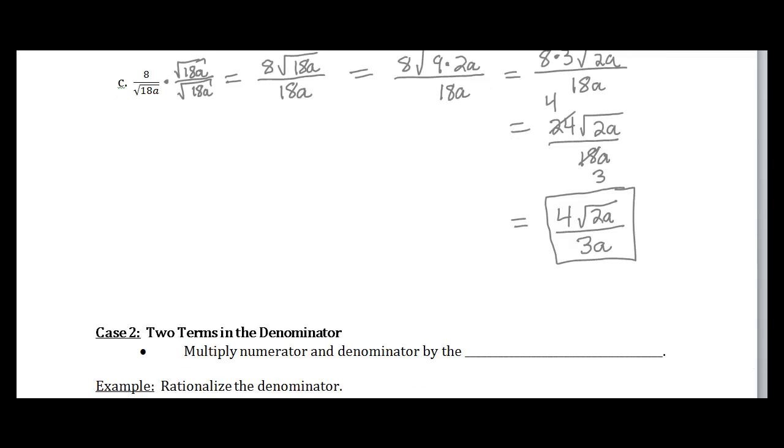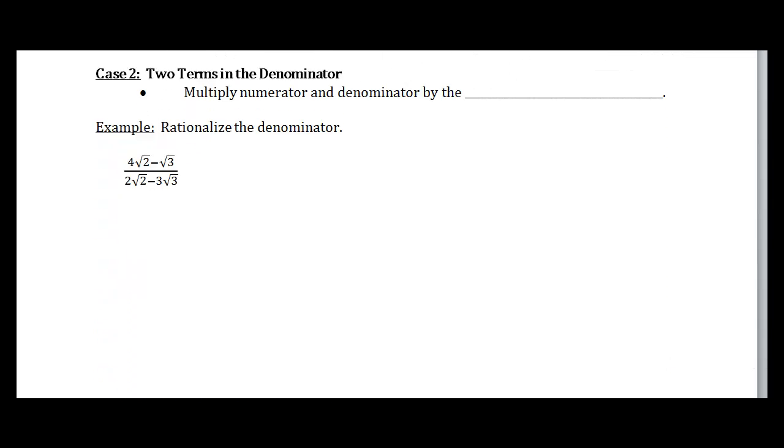Now we do something a little different when we have two terms in our denominator. Instead of multiplying by the radical that's in our denominator, we have two terms. All right. What we're going to do is actually multiply by the conjugate of the denominator.